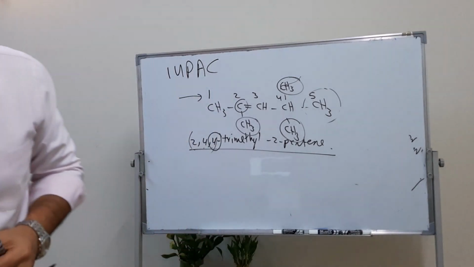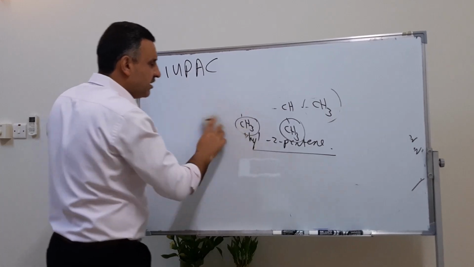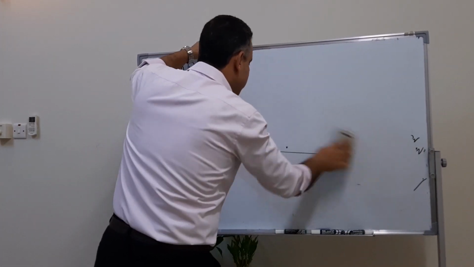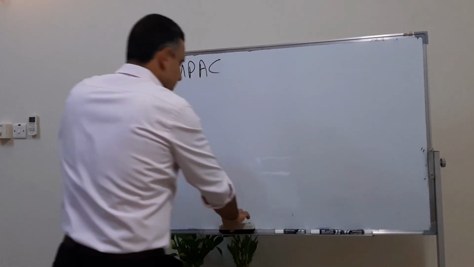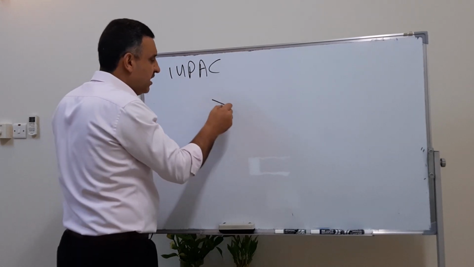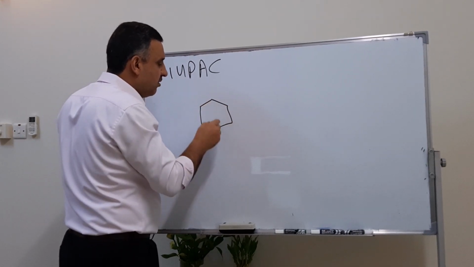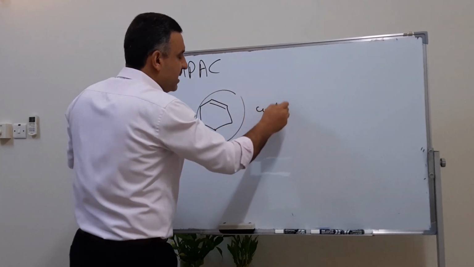Wonderful. All right, so let's move a little bit to another aspect of the nomenclature, which is the nomenclature of cyclic systems. The cyclic system is the same as what we have said about the nomenclature of cycloalkanes, but the difference here is that it will be cycloalkene in this case. So here, this will be cyclohexene.